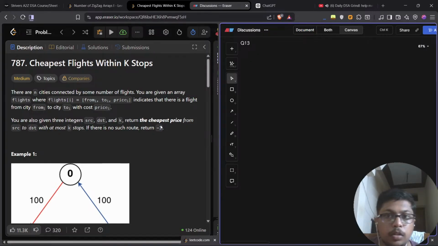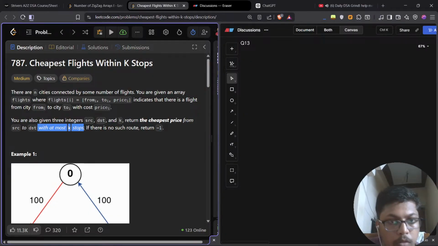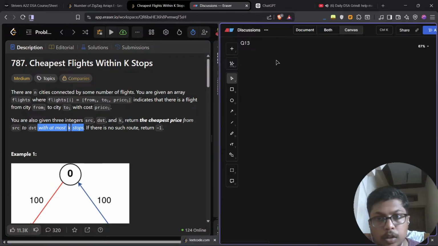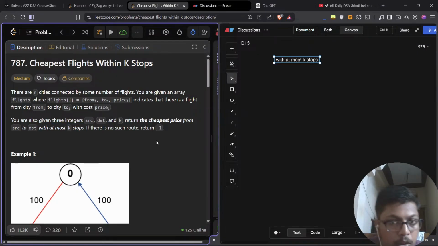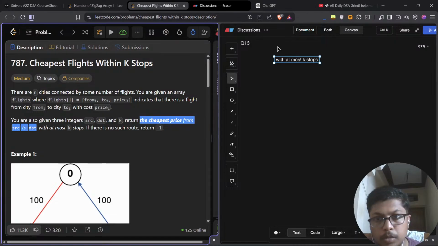So, what does it mean? This is an important point: you are given at most k stops and the cheapest price, and these are two different things.